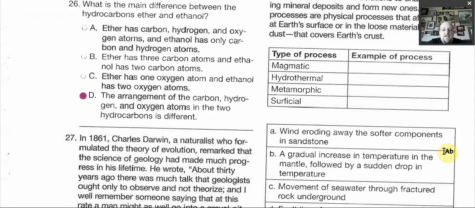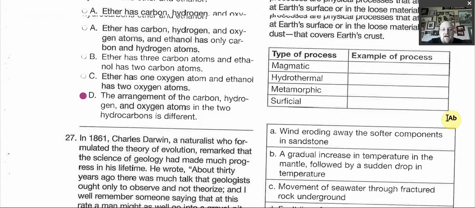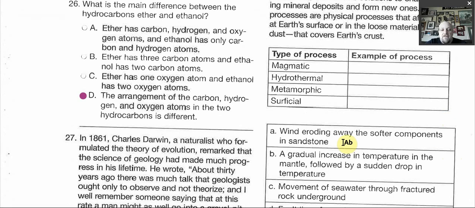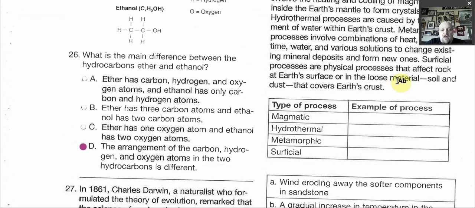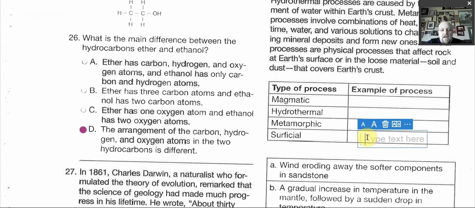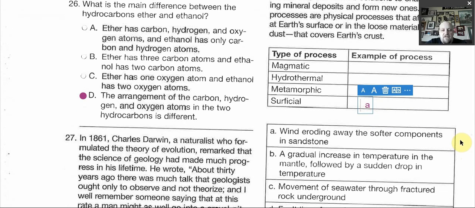So we look at this. Wind eroding softer components into sandstone. So wind is on the surface. So A is going to be right there for superficial. A gradual increase in temperature in the mantle followed by a sudden drop in temperature.